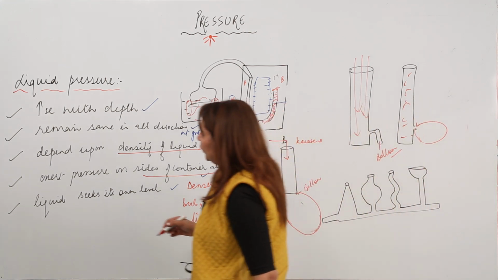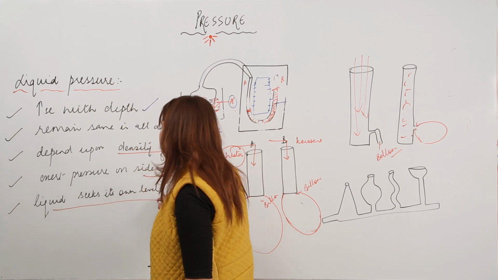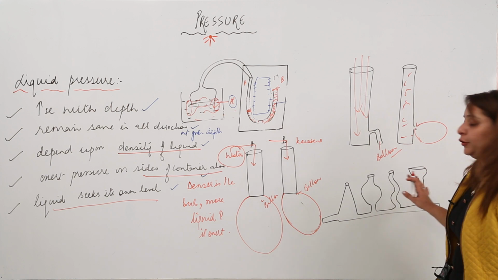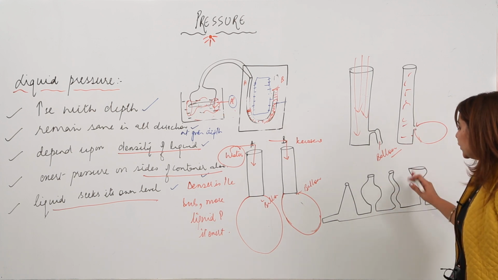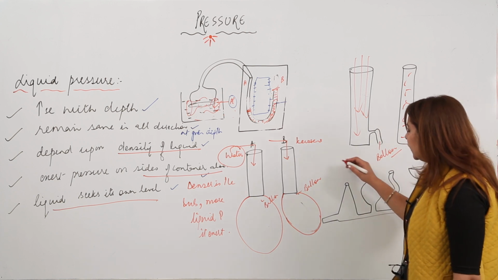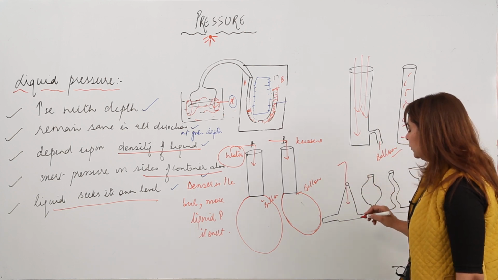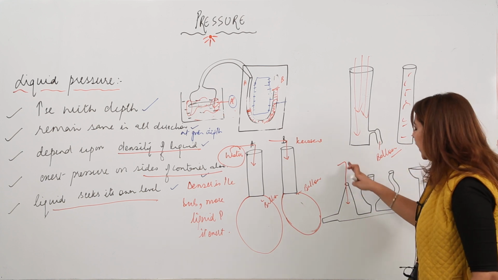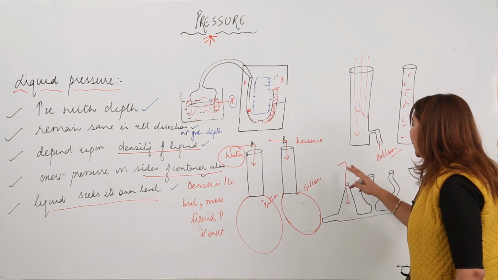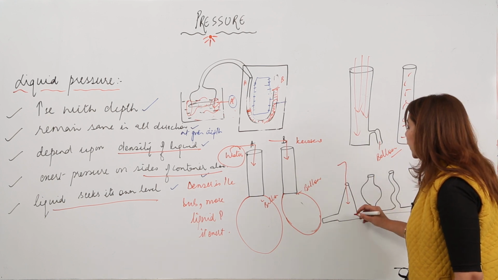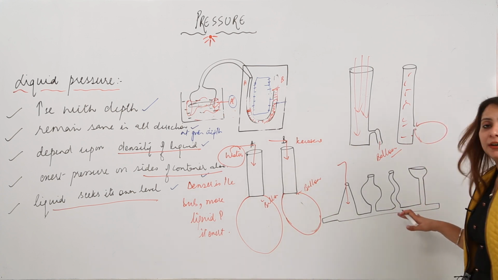Now the last thing to prove is that liquid seeks its own level. I have different shapes of glass tubes connected to a horizontal tube. I add a given amount of liquid into any of them, let's say from here. When I add it from this side, all the tubes get filled.